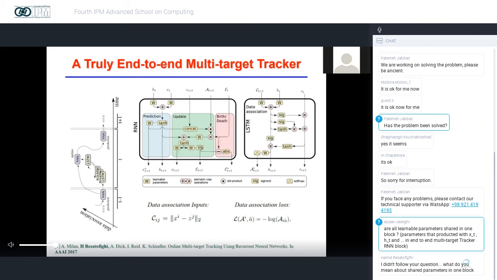For example, the data association model works sequentially, and it needs ground truth, which we rely on another method like Hungarian to generate. But that would still be the only methodology which models the problem end to end. My group is working toward a new version which doesn't have most of the problems of this method. We hope that can scale up, and we can have a truly end-to-end multi-object tracking.